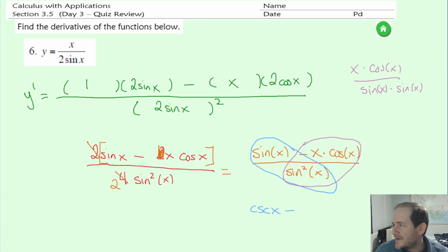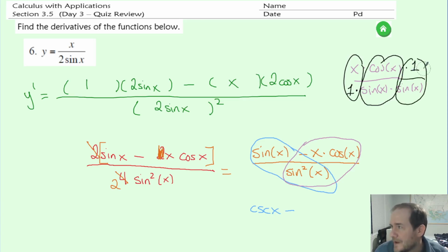So when all is said and done, there's a factor of 1 down here to go with this x, then cosine of x over sine of x, and then there's a factor of 1 up here to go with this sine of x. And so it looks to me like I'm getting, in lavender, an x times a cotangent of x times 1 over sine is a cosecant.